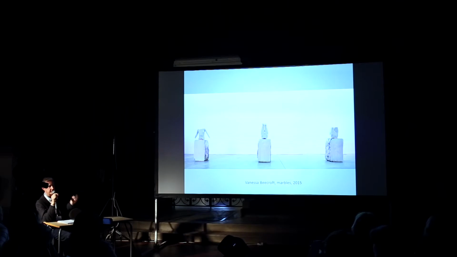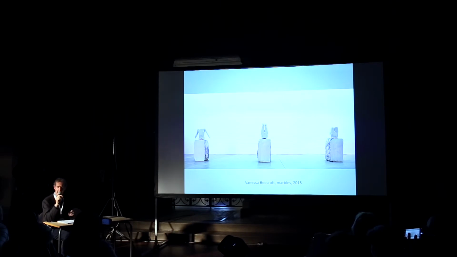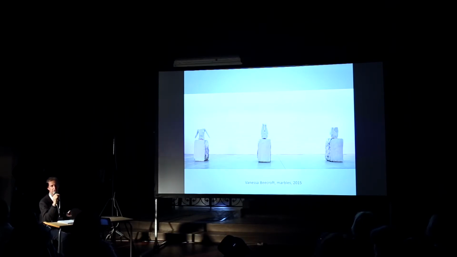Again, still speaking about fragments, we come to a younger Italian artist, who is very well known for her performances, Vanessa Beecroft, who has a strong relation also with the classical formalistic composition.